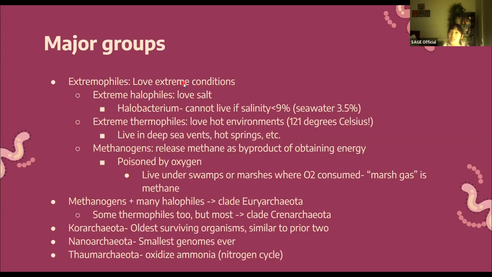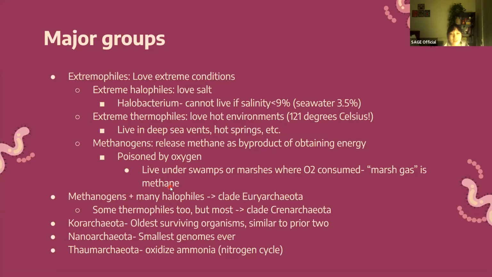So when we inhale oxygen and go through cellular respiration, which gives us energy, we release carbon dioxide as a byproduct. But methanogens are poisoned by oxygen. So instead, they release methane and they live in swamps or marshes.